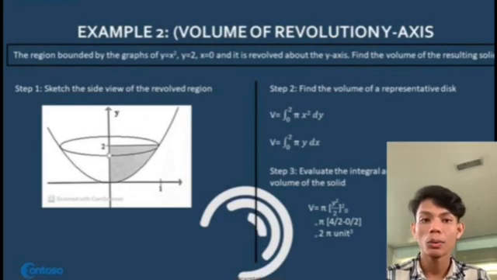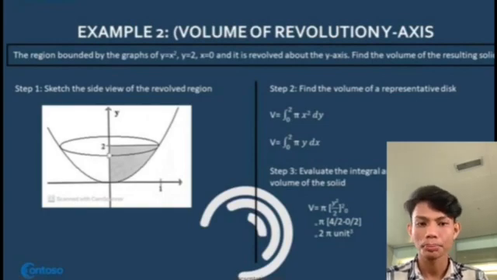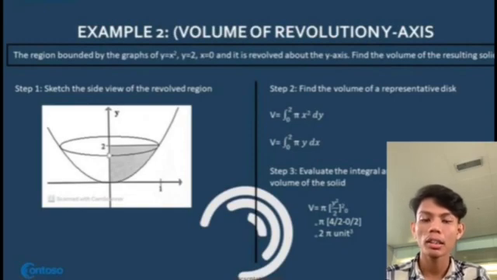V equals pi open bracket y squared over 2 close bracket from 0 to 2. So the answer is pi open bracket 4 over 2 minus 0 over 2 close bracket.